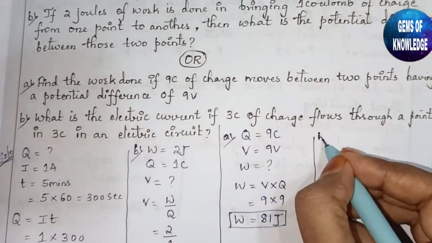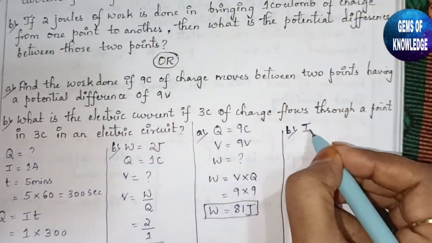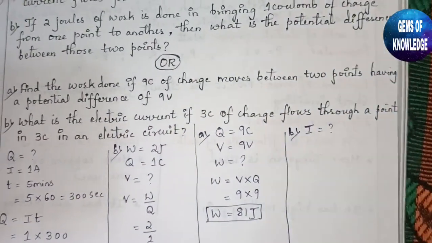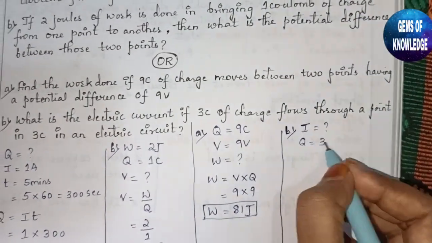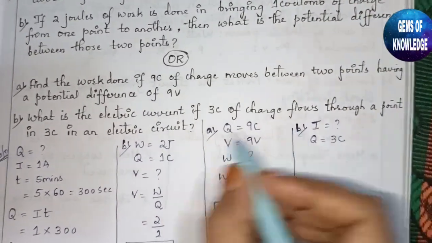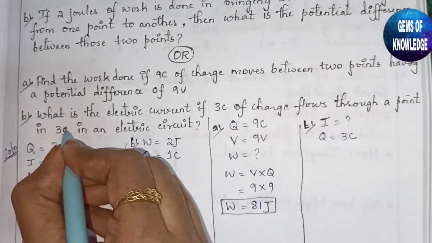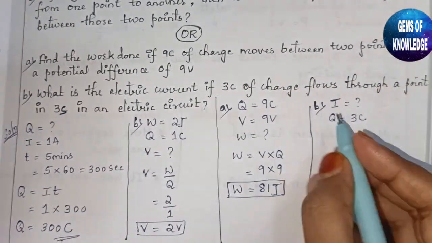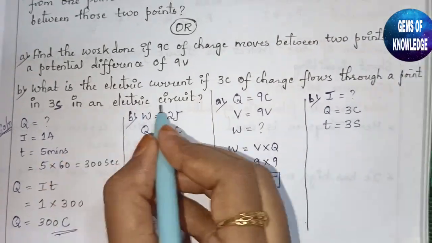Similarly, B1. What is the electric current? It means I is equal to question mark. If 3 coulomb of charge, Q is equal to 3 coulomb, flows through a point in 3 seconds, sorry, this must be 3 seconds, S not C here, so T is equal to 3 seconds, in an electric circuit.